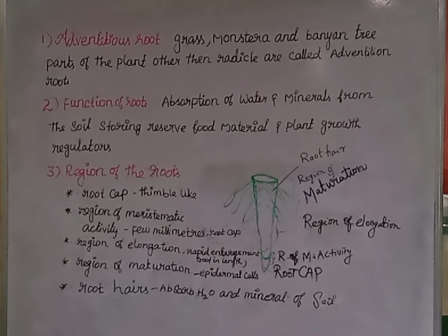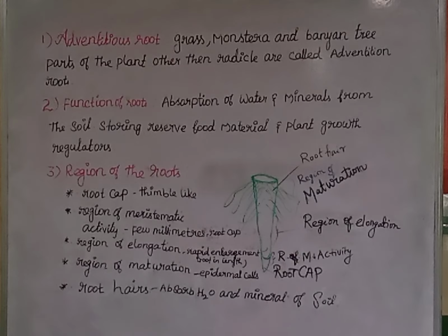It consists of the upper portion with root hairs, then the region of maturation, the region of elongation, and the region of meristematic activity. Finally, the edge portion is called the root cap. The root cap is a thimble-like structure.